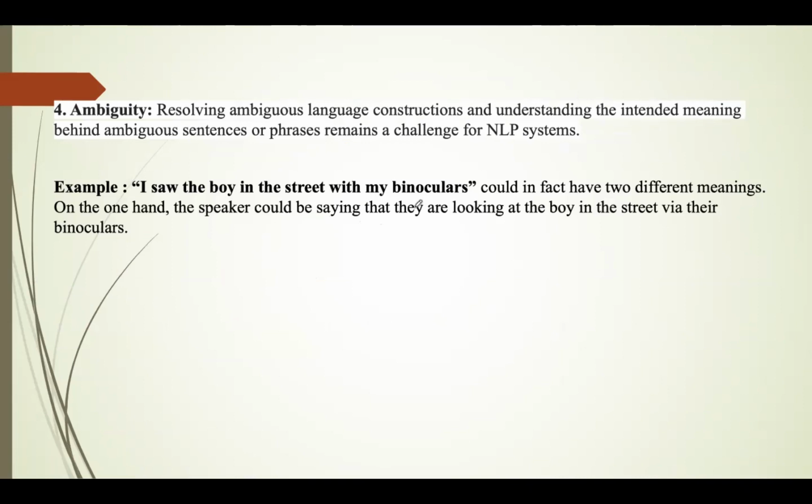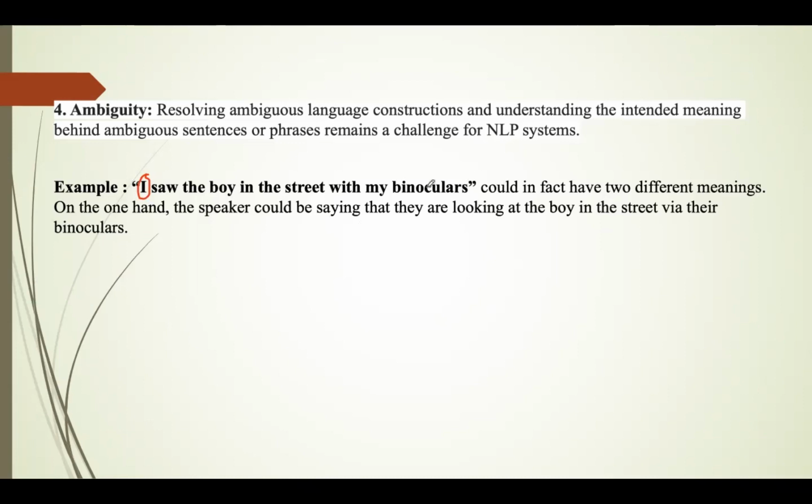One meaning is that the speaker could be saying they are looking at the boy in the street via binoculars. So in the first case, I is holding the binoculars.